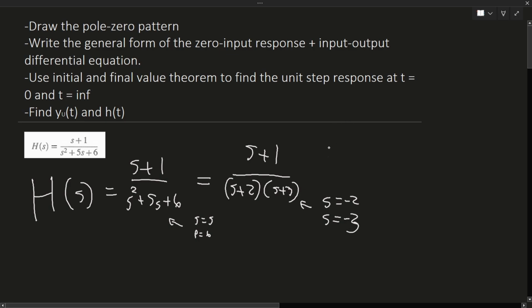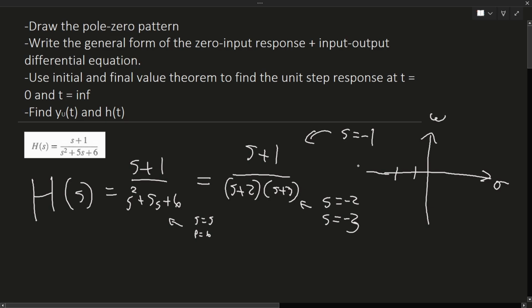The zero is basically when the function is equal to 0. So that happens when s is equal to -1. To draw this pattern, you draw this omega here, okay? Over here on the x-axis is your normal numbers, and on the y-axis is your complex plane, okay?